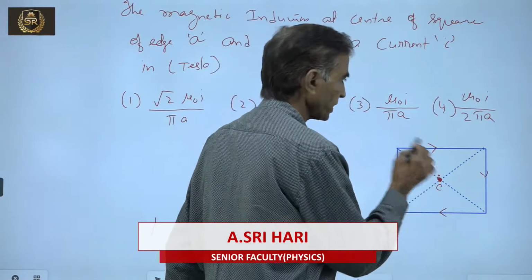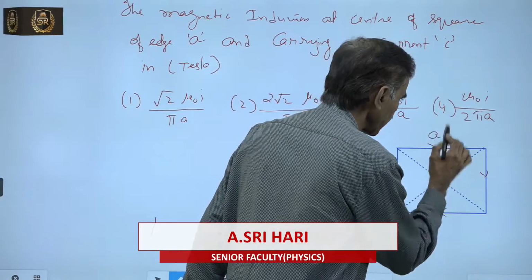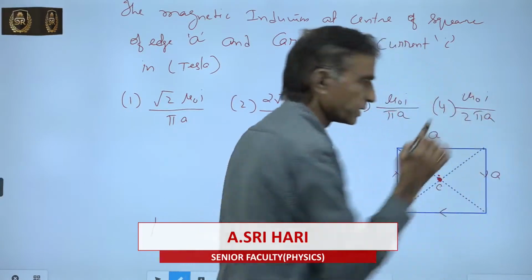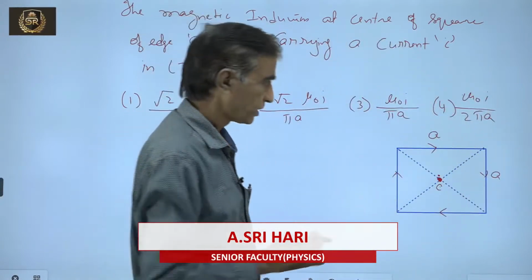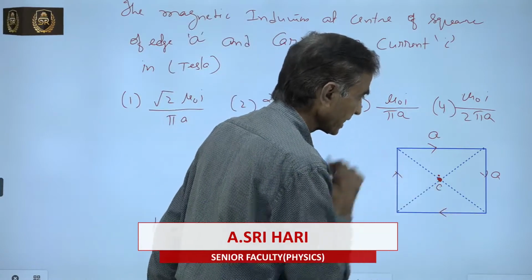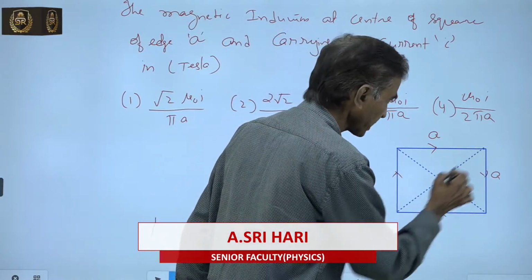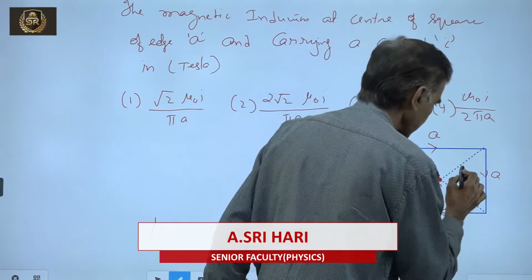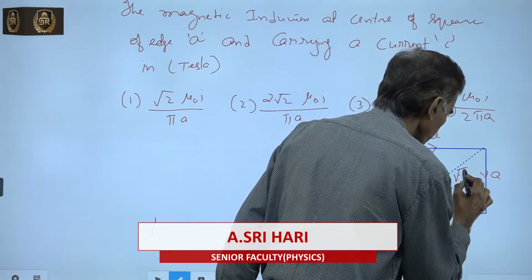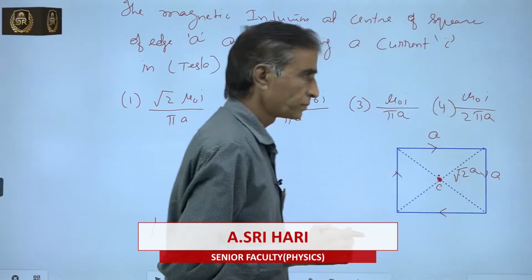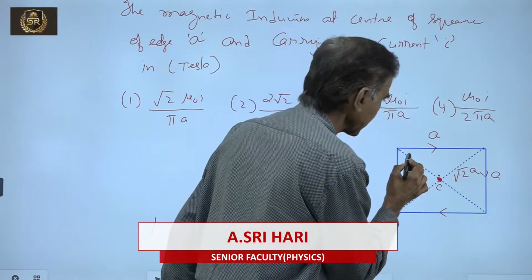Now the edge is given as A. What is this? Half of the diagonal. What is the total length of the diagonal? Total length of diagonal is root 2A, because this is a right angle triangle.